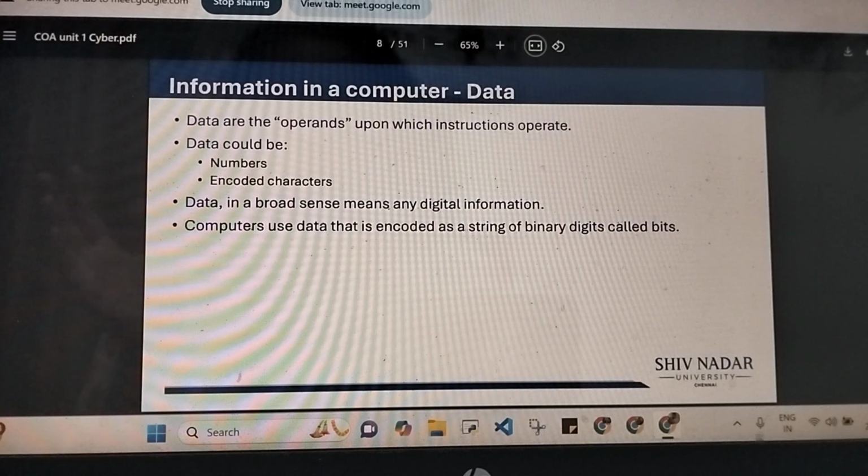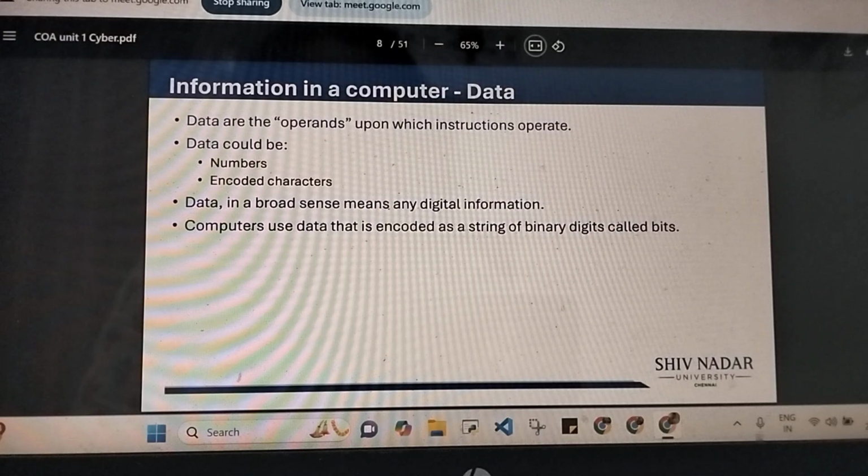Whether it is a text document or an image, a video, there are embedding and encoding techniques to convert that data into a series of numbers, and those numbers are what your computer works with. That is your data. Those numbers again are a string of zeros and ones, binary digits or bits.